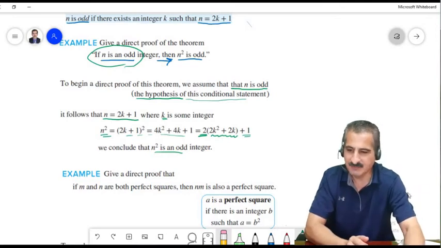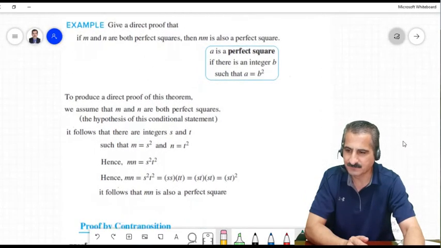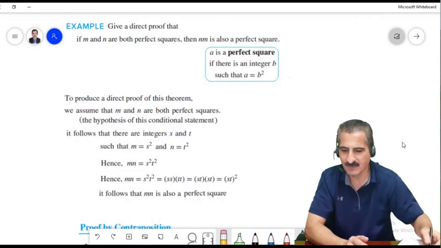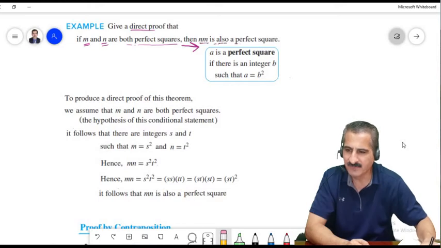Another example of direct proof is the following. This example says, give a direct proof for the following: if m and n are both perfect squares, then n times m is also a perfect square.